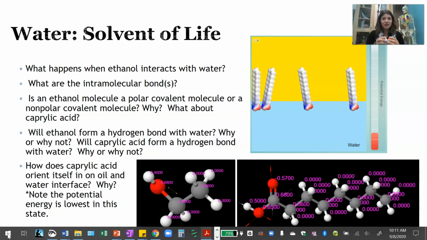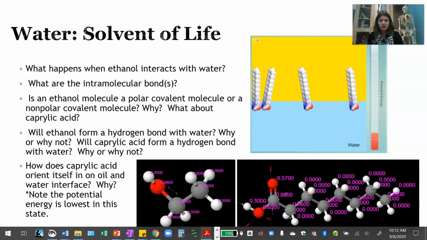So thinking about ethanol for a second, we have some polar covalent bonds, and we also have nonpolar covalent bonds. This molecule does form a pretty good dipole, though, so there will be some charge distribution on this alcohol group, and it will interact with water. If you look at something like caprylic acid, I have a picture of it on the bottom down here.